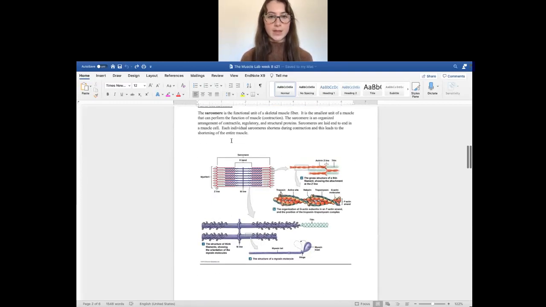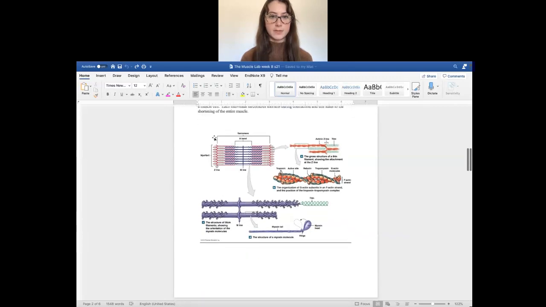So here's our sarcomere right here, this thing. It doesn't need to be in this grave of detail, but for the difference between a relaxed muscle and a muscle that is contracted, what differences are we going to see in those drawings? So imagine maybe this is a relaxed muscle.